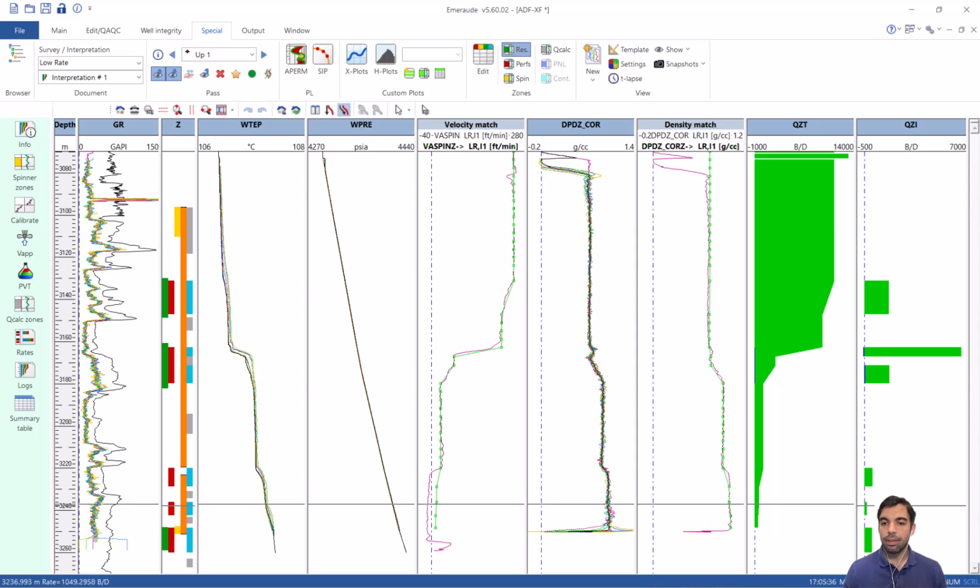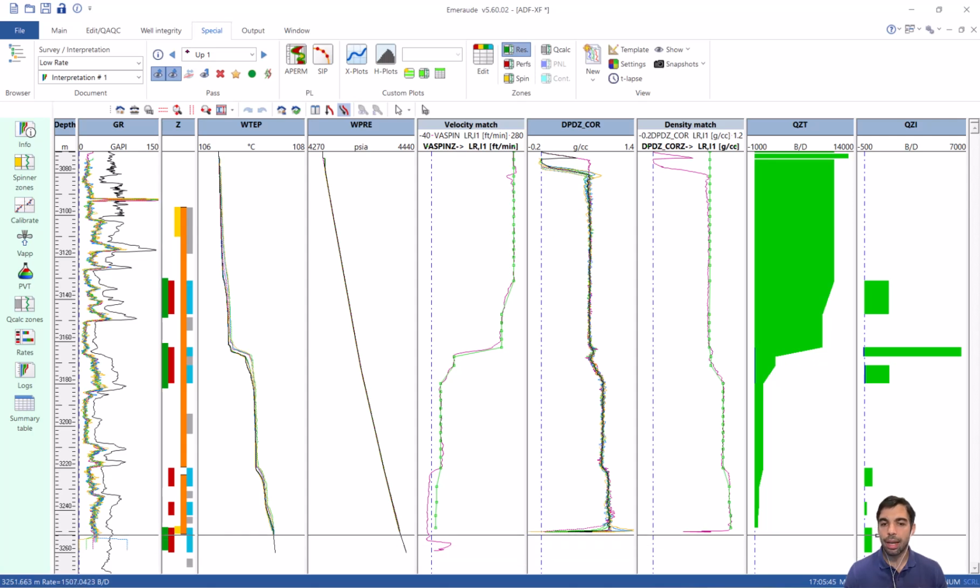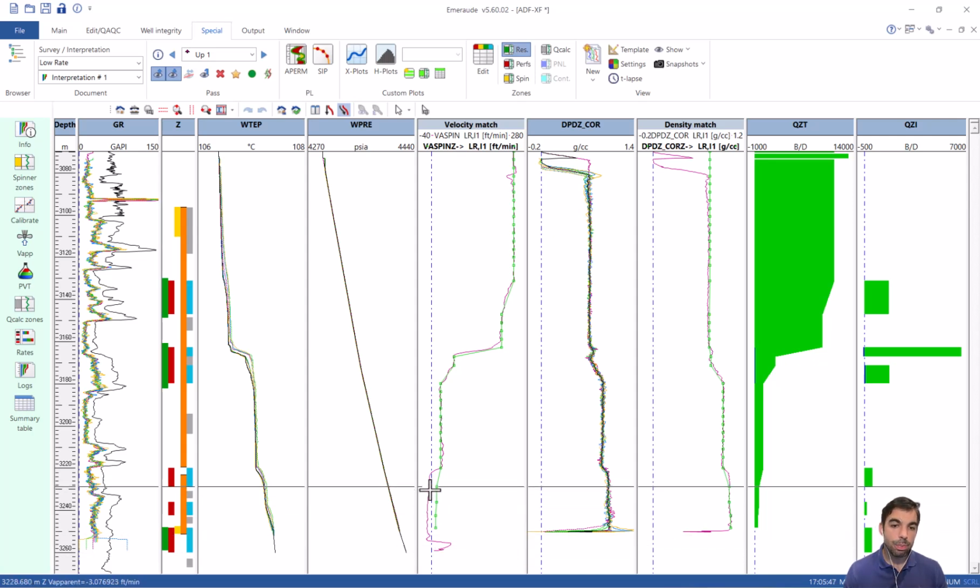And as you can see now, this deepest inflow zone that was showing a negative contribution now is positive. The spinner here in red, the spinner apparent velocity is ignored, and the calculated apparent velocity, as I mentioned, uses a multi-phase flow correlation.